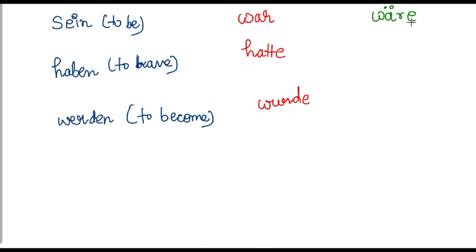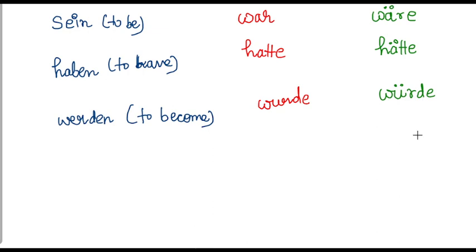So wäre, then hatte, simply put an umlaut here, hätte, and würde will become würde. Wäre, hätte, würde. So these are the preteritum forms with umlaut.